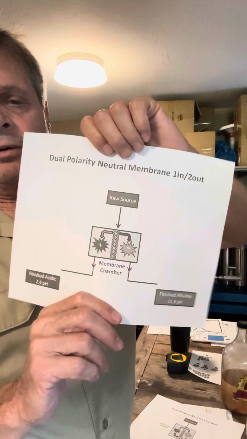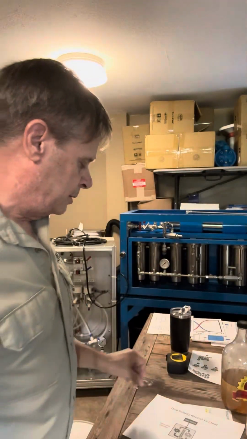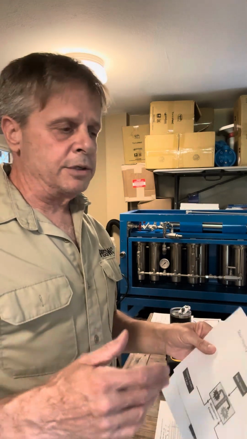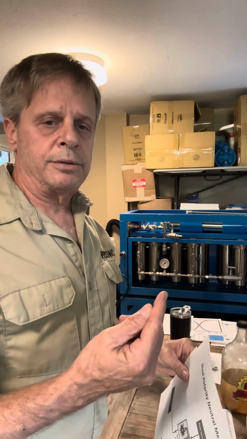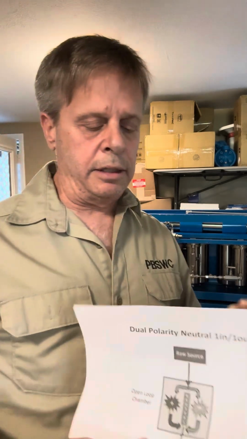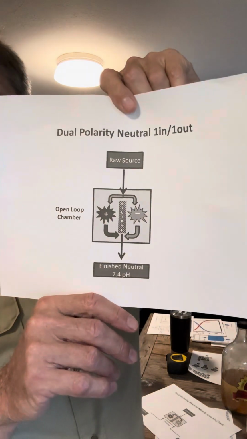This one, we don't offset the polarity, we just maximize it on both sides. So that's how you make the 3 different mediums: the basic, the neutral, and the acidic. Now the one that had the plus minus, that's this.